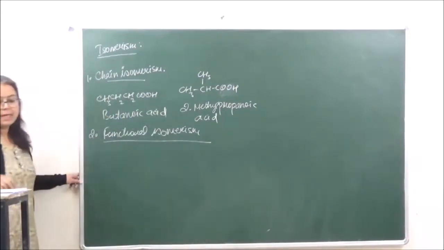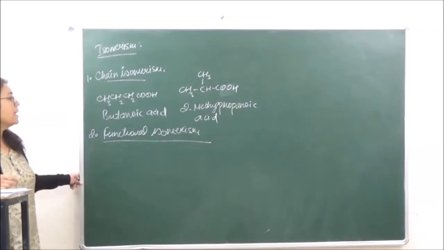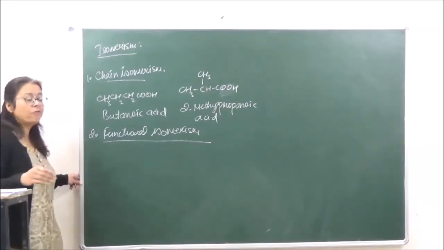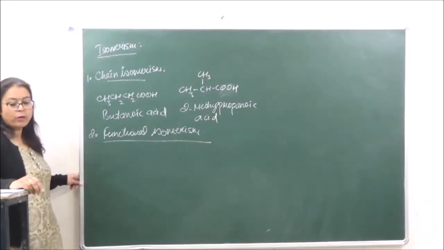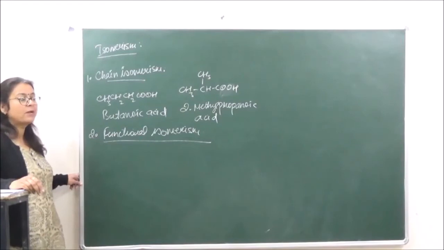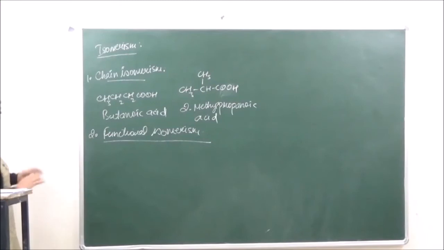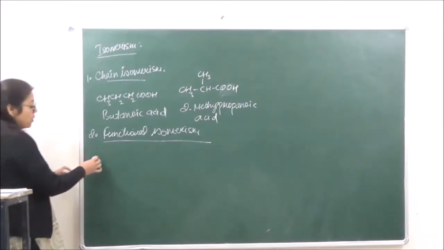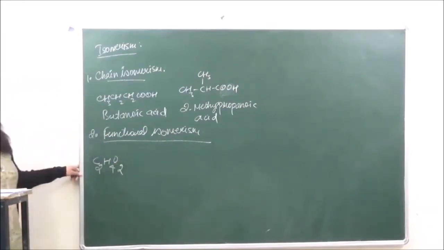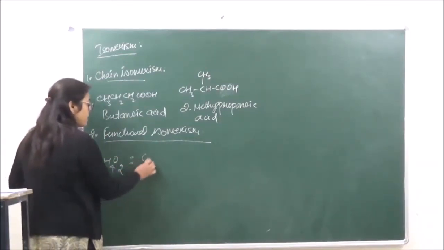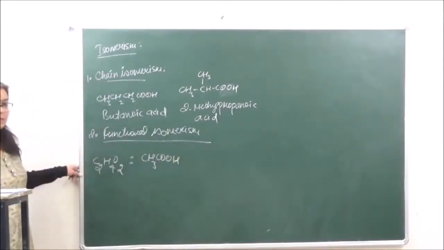Then the second type of isomerism which it can exhibit is functional isomerism. In this case, you will see that monocarboxylic acids show many functional isomers, like functional isomers with esters, with hydroxycarbonyl compounds, and with hydroxyoxidanes. If we take one compound with the molecular formula C2H4O2, the acid over here is the second member of the series, which is acetic acid.